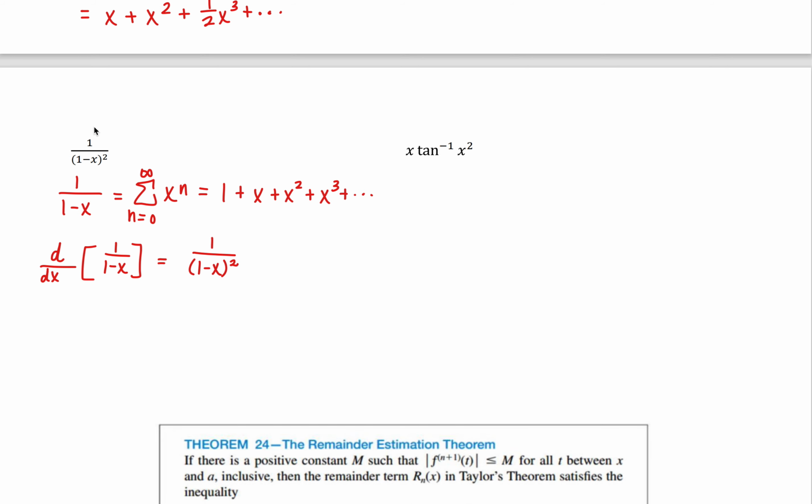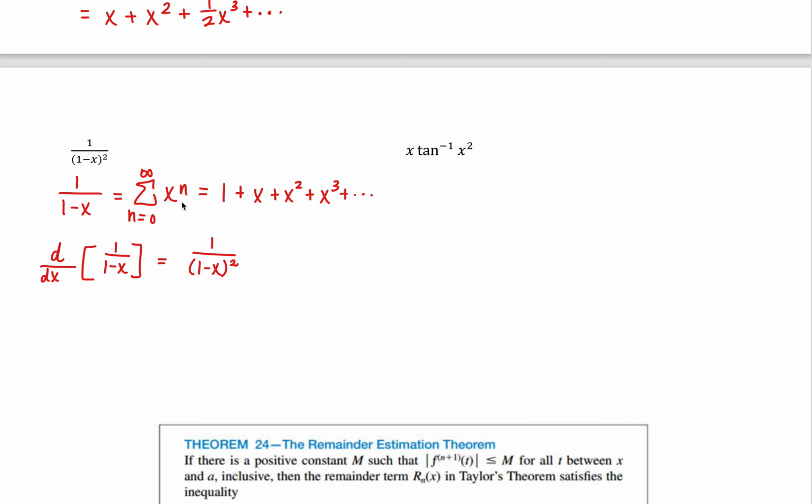Which looks very familiar here. So in other words, if I do term-by-term differentiation for this series here for the 1 over 1 minus x, that's going to give me the series that I want.